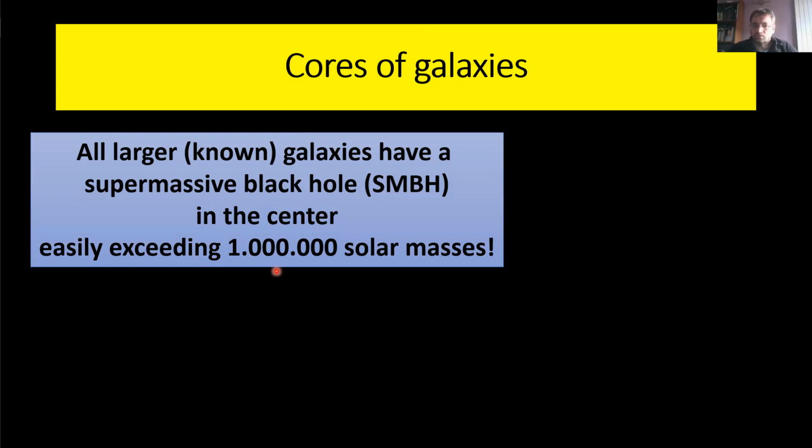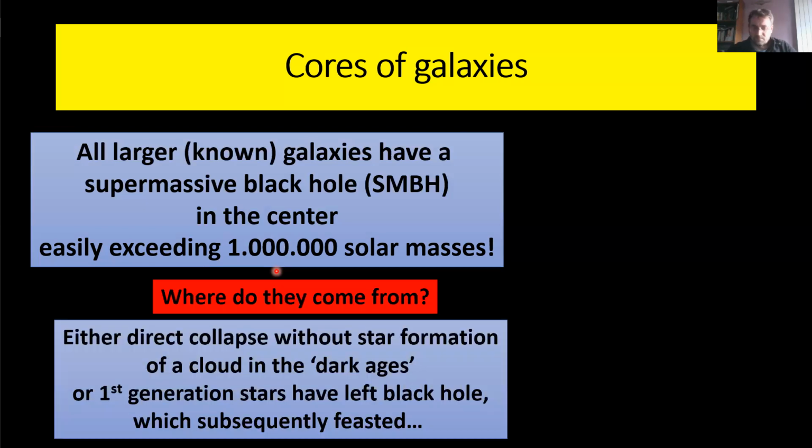So it's of course a question, where do these supermassive black holes come from? Well, there are now essentially two possibilities. Of course, we had at the very beginning this accumulation of dark matter, which then led to the formation of bigger structure.